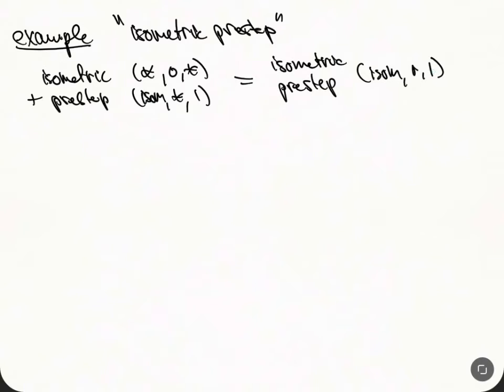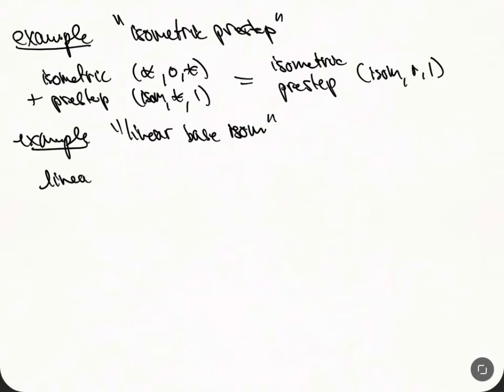Okay, so let's do another example so we can see how these work. So we can look at a linear base isom. Okay, so linear, well, this just says that the degree is 1, and base isom means that this is an isomorphism, and this can be whatever.